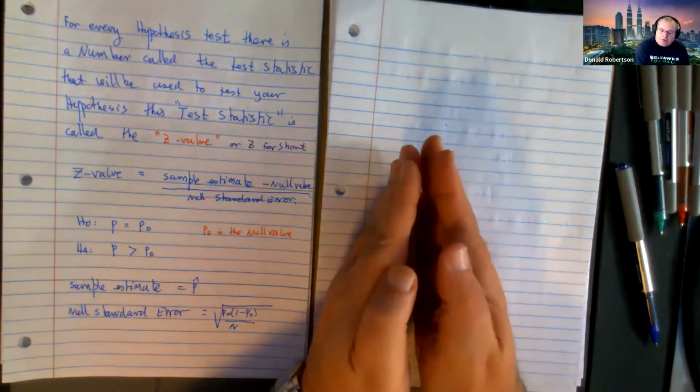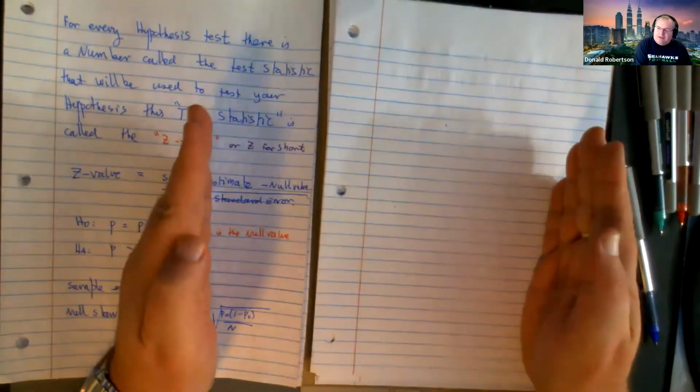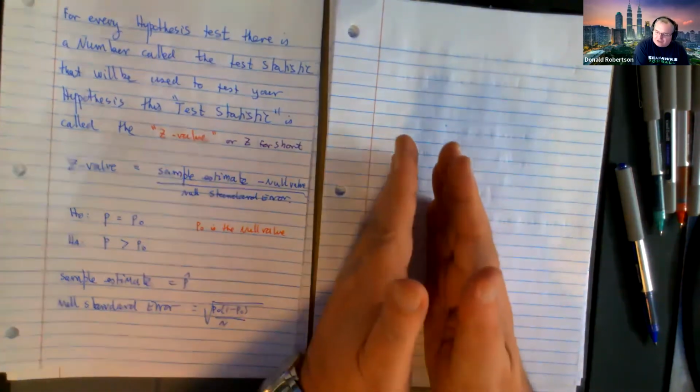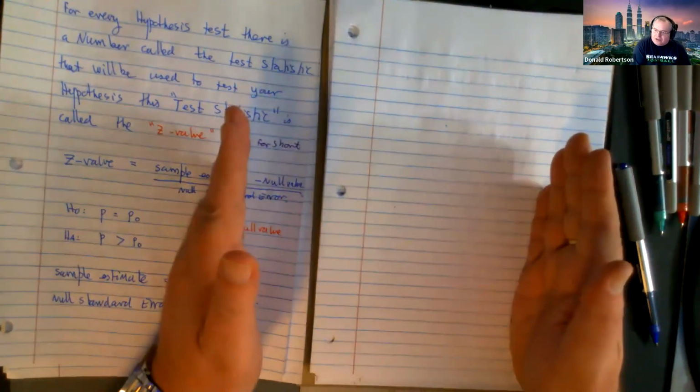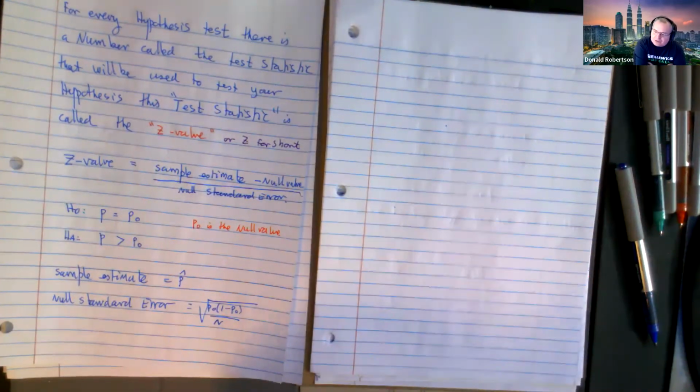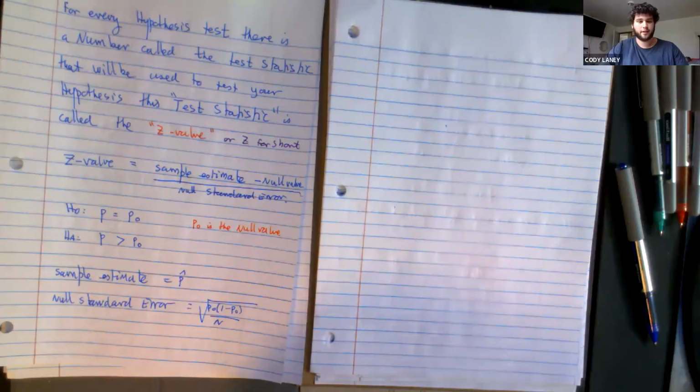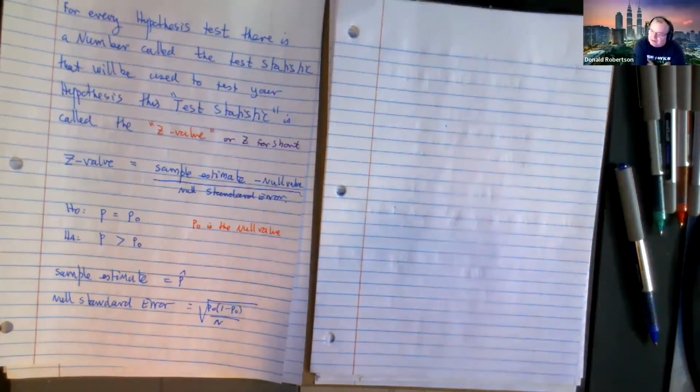Can you remember Z scores? How big does a Z score need to be to be an outlier? More than 3 or less than -3, right? That's what the Z score does.